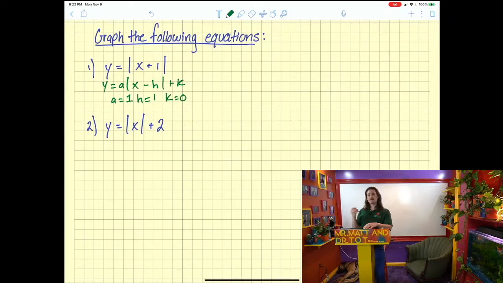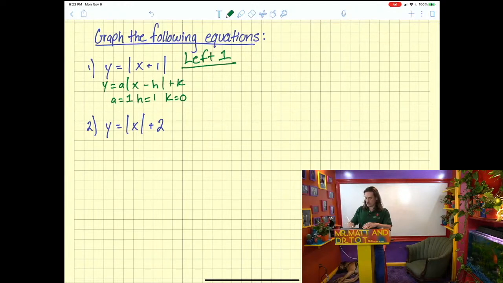So remember that h is opposite common sense, so if it's plus 1, that's really a shift left 1. So that's the only transformation that's occurring here. So we're only shifting this left 1 here.